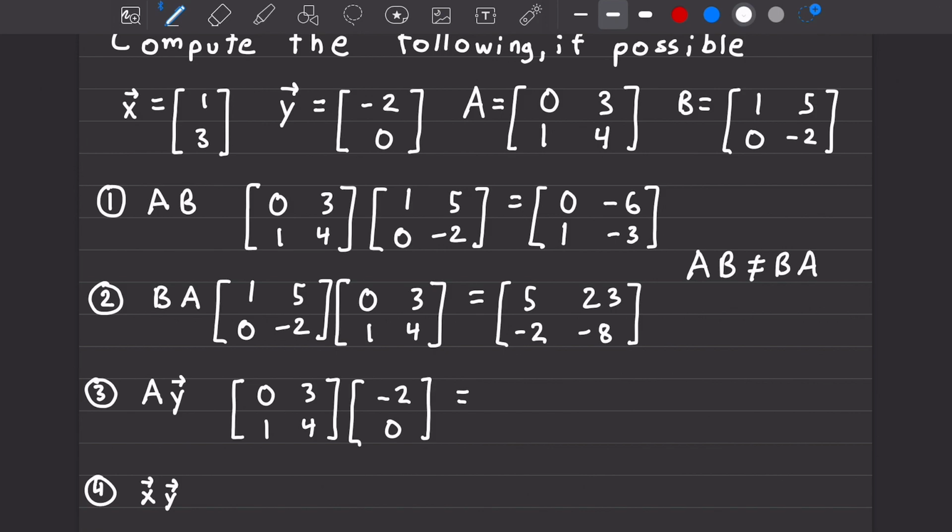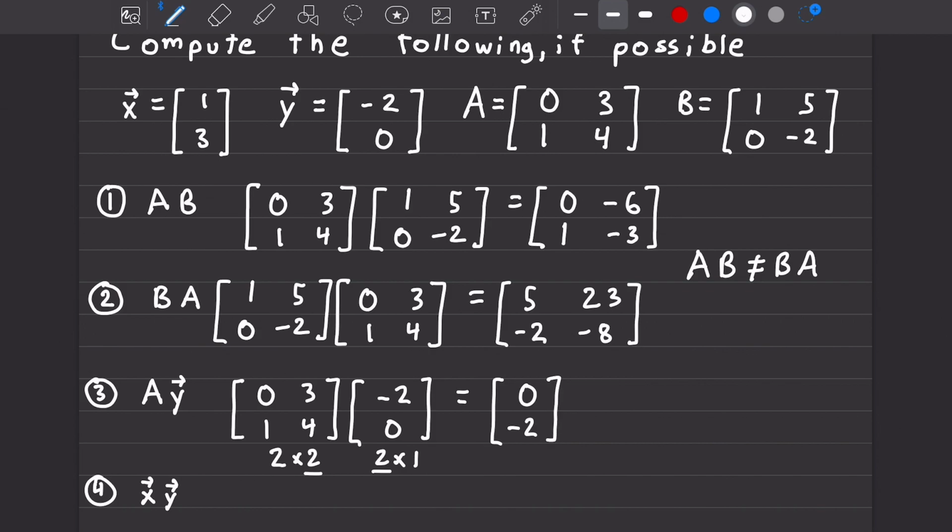Okay. So we have 2 by 2, 2 by 1. These match, we're good. Output is also going to be 2 by 1. So this first element looks like it's just going to be 0. And then the bottom one is just going to be -2, it looks like.